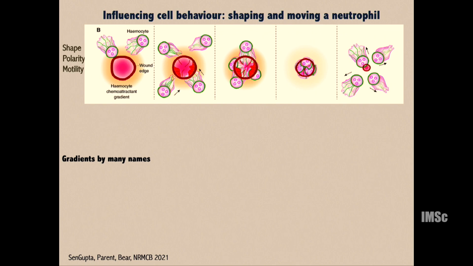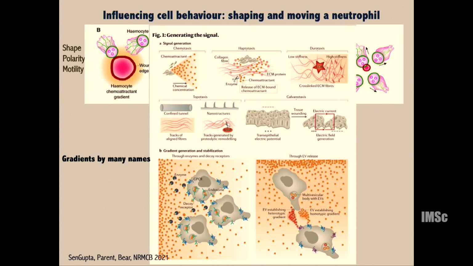But the moment the wound has closed, they sort of change direction and start going in random directions. So you could ask, what is the signal that causes a neutrophil to actually appear at the wound site, right?